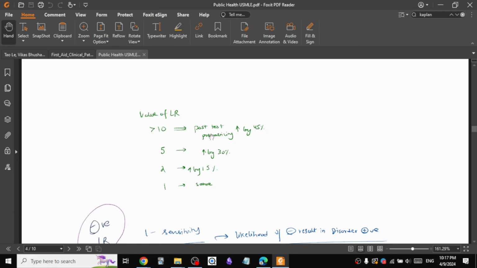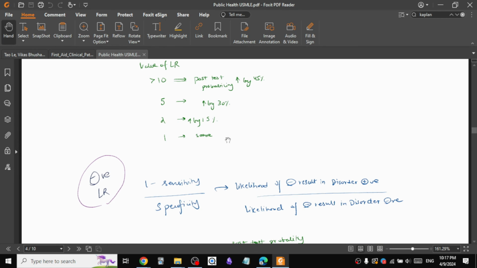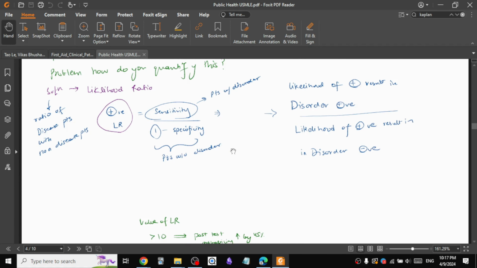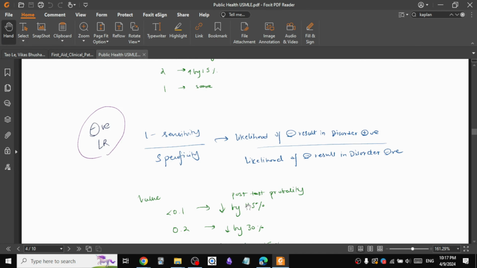So this was the positive likelihood ratio. You see, the two sides of the coin are: if it's positive, I try to rule in, and if it's negative, I try to rule out. So these are the two sides of the coin.